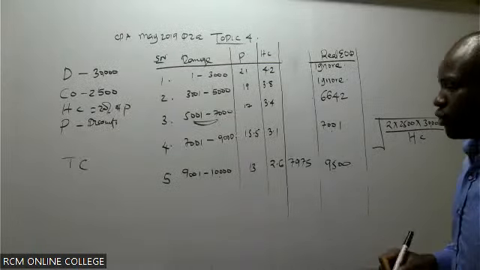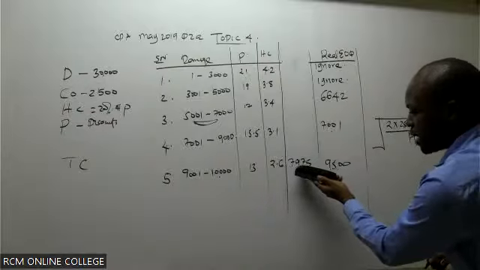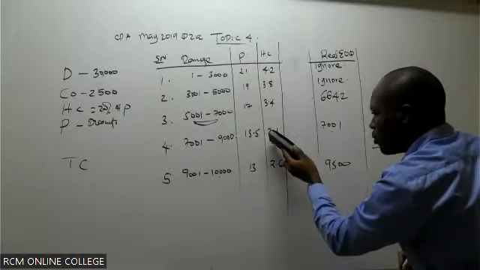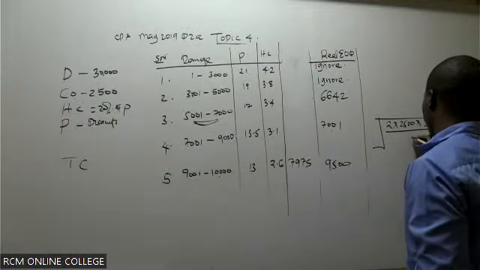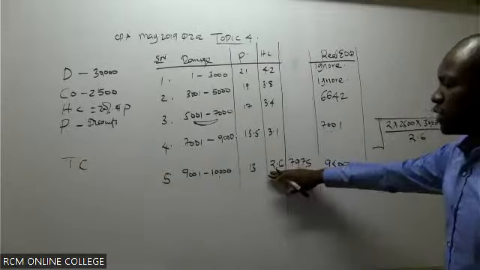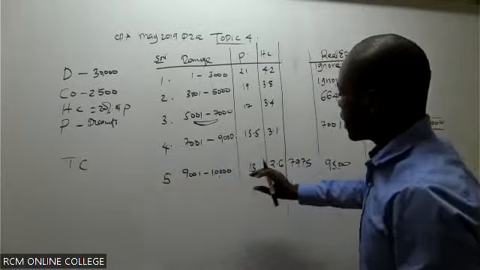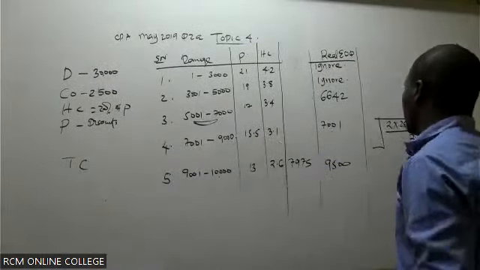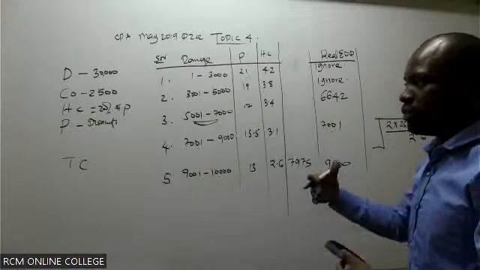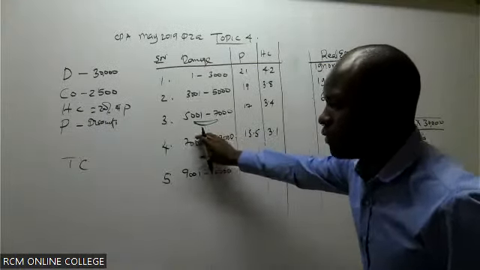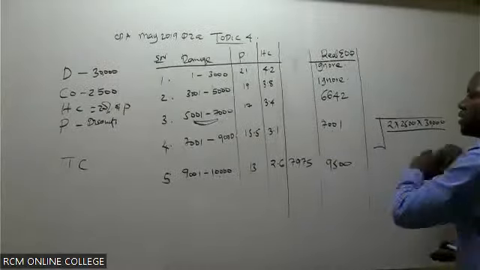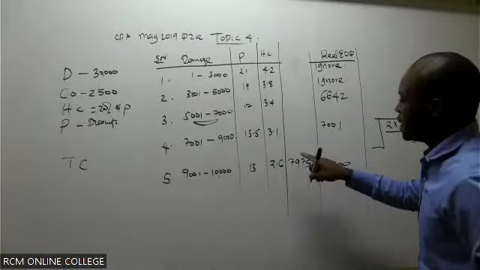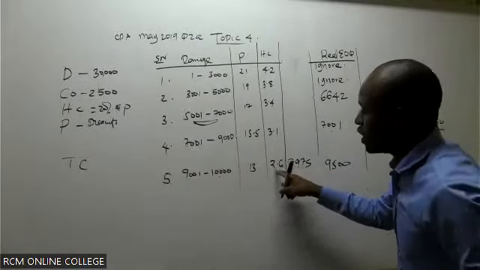How are you arriving at 79, 75? You are taking holding cost of 2.6, not 3.1. Why are you getting 2.6 from range 5 and using it in range 4, yet range 4 has 3.1? If you want to bring anything for range 4, then do away with 2.6 and give us the holding cost of 3.1, because this one here is a result of the holding cost in that range.